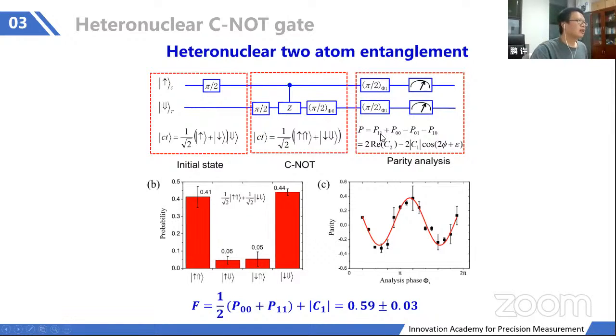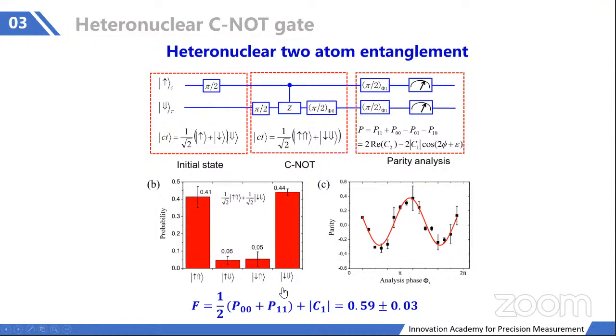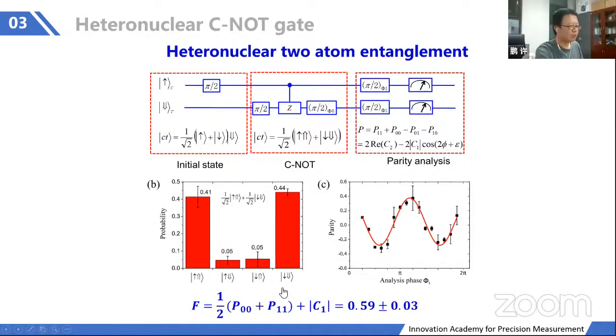Then we add some analysis pulses to extract the population, and from this parity oscillation we can extract the coherence between these two states. So the final fidelity for this two-atom entanglement is calibrated to be 0.6 or nearly 0.6.